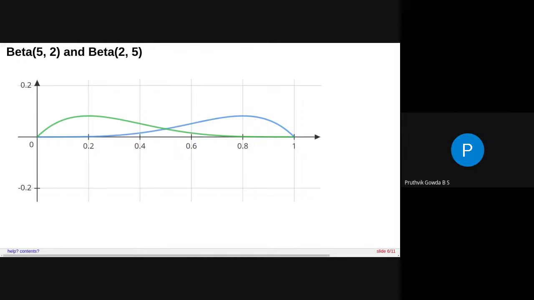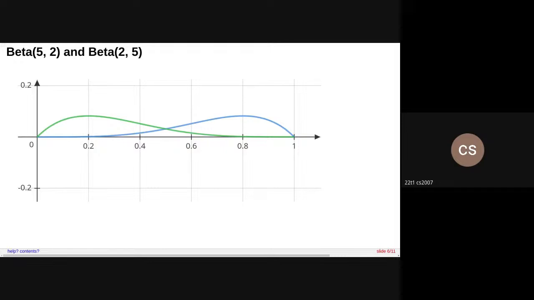The green curve is highly likely to be around 0, highly likely to be small values. Okay. Blue curve would be high values, close to 1. Okay, right. So that is the hunch that we are saying.